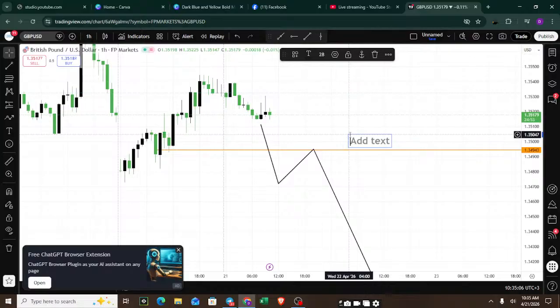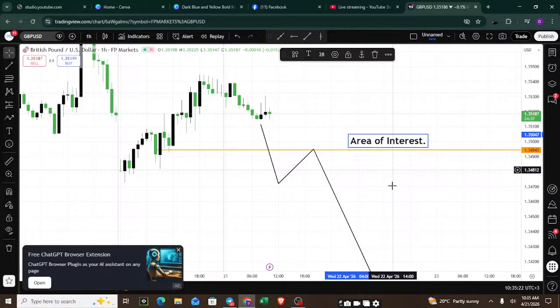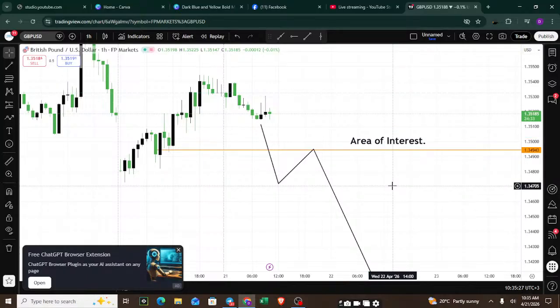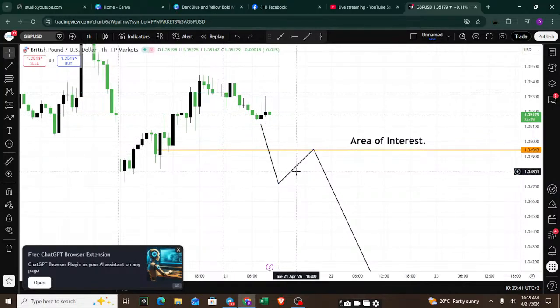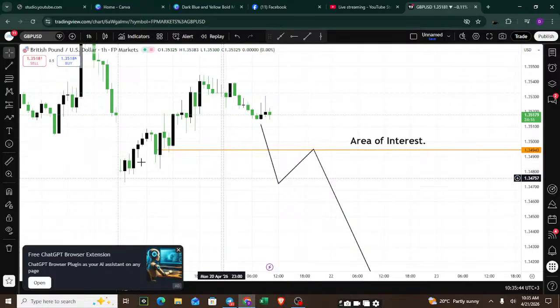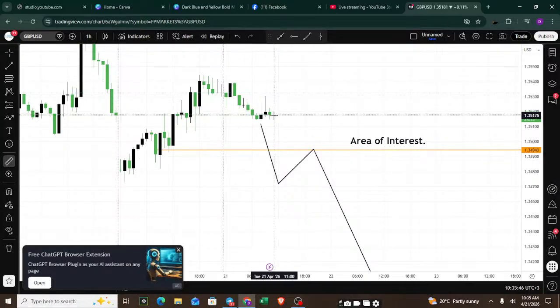So this is the area of interest. So if price decides to sell, then our area of interest will be below this line. Then it will have to come back and retest. Well, is it possible for it to do that?